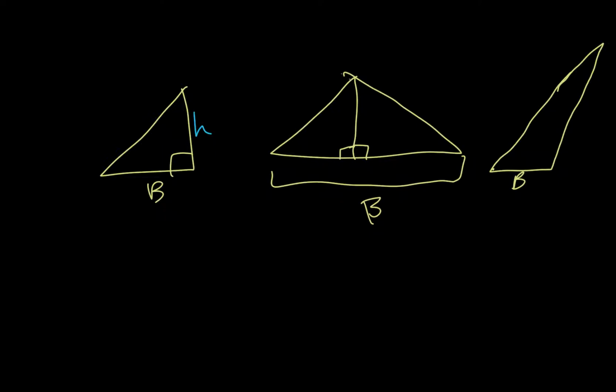But if we just saw this triangle, we don't use this or this. It's actually the distance from here to here that is the height. And then this one's even stranger. We'd have to draw something down like this and make it perpendicular with this base, and that would be our height. Okay, and the area of a triangle is 1/2 base times height.